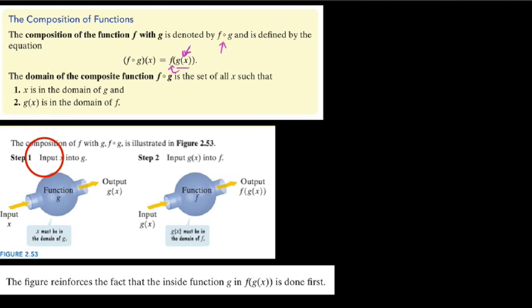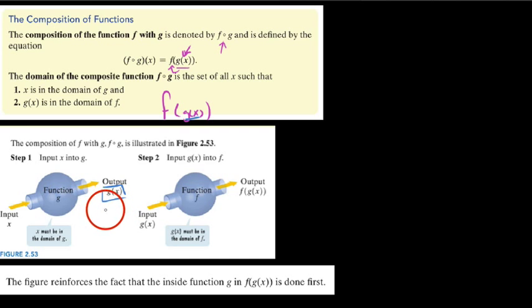So we're going to consider this diagram here. The composition of f with g, f of g, is illustrated in figure 2.53. Step one, notice that it says we're going to input x into g. When we look at f of g of x, the idea is that we're working from the inside out. We put x into g here, and the input x goes into the rule g and spits out some output g of x.